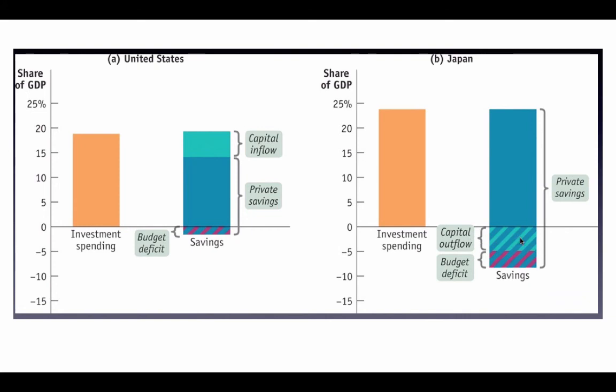So this capital outflow: let's buy some U.S. assets, let's finance this U.S. investment in exchange for some return on those assets. And the Japanese government is also running a budget deficit, so part of those savings is just going to buy up those Japanese government bonds, and then whatever's left over is available to finance foreign investment.